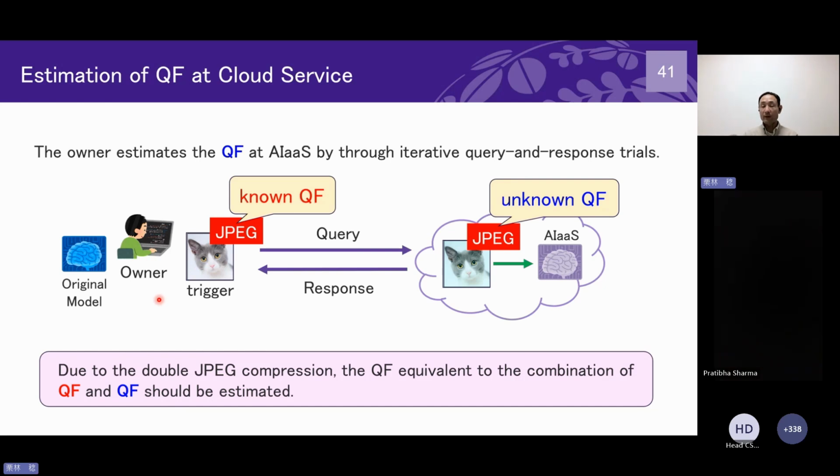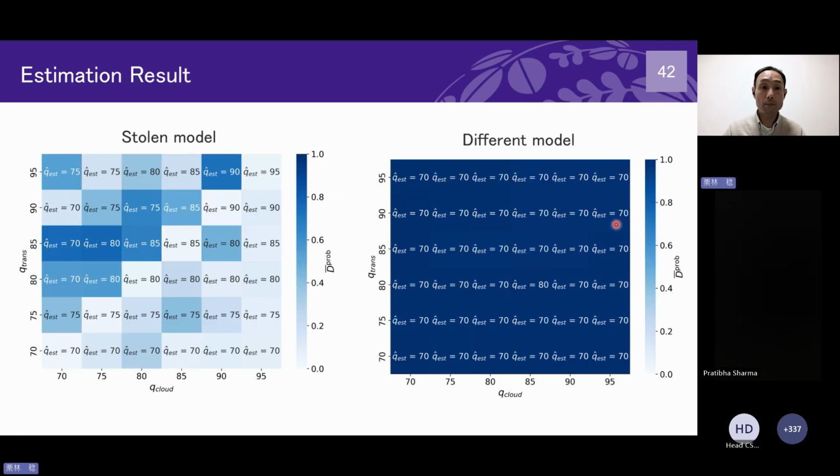So the owner tries to create an adversarial example, considering the effect of the JPEG compression. And through query and receiving the result, if the result is a little bit different from the assumed ones, then the owner tries to change the quality factor. So by making iterative query and response trials, the owner tries to estimate the quality factor at the cloud server side.